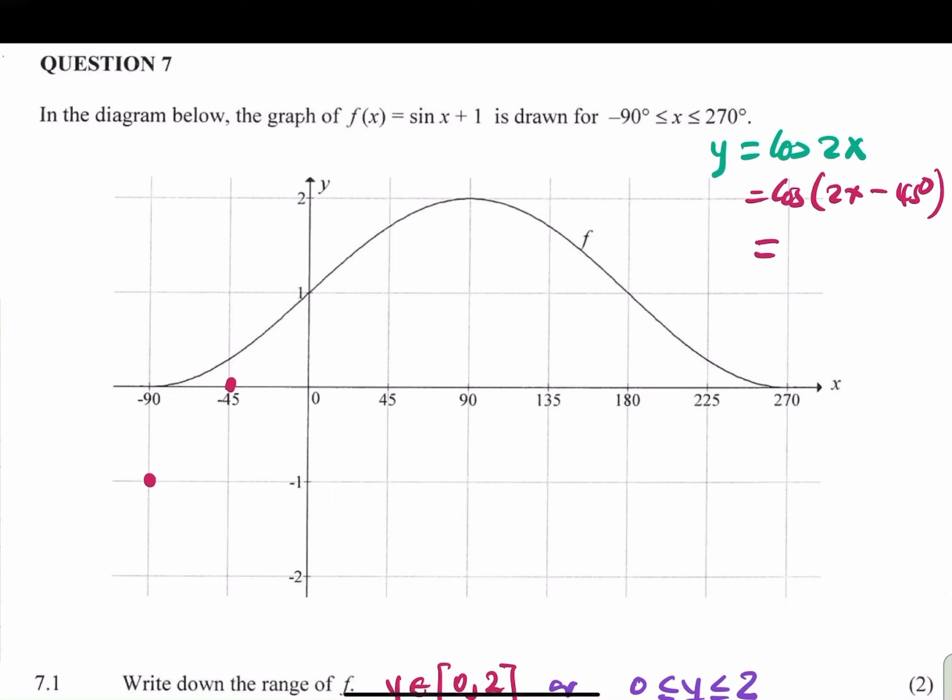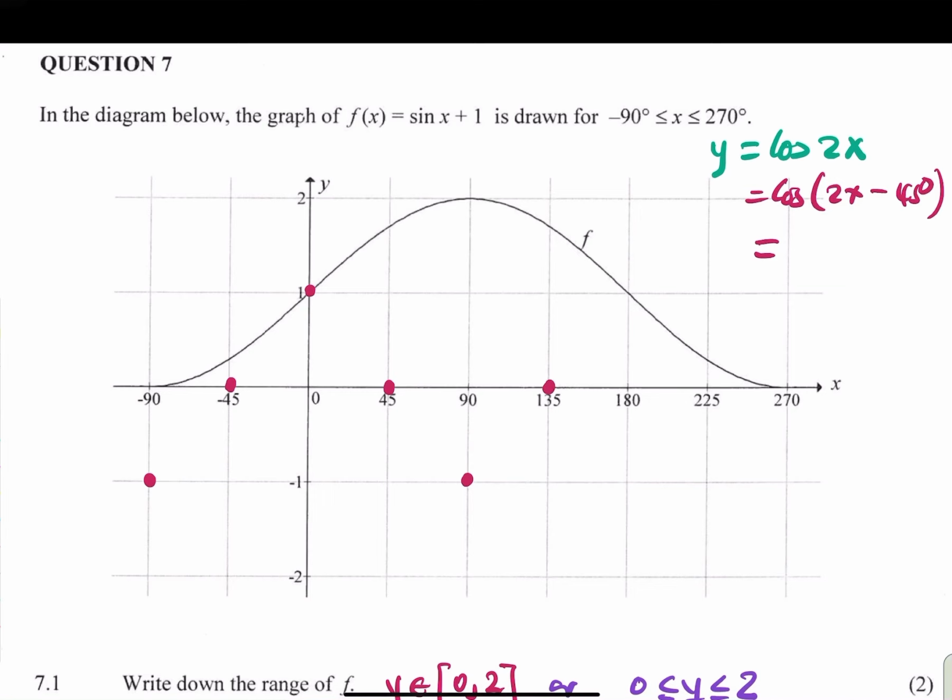And then when x is 0, I'm getting a 1. So there we go. We get a 1 there. And then for 45, it's going to be 0. Then for 90, it's going to be negative 1. And 135, so it's cos of 2 times 135. You get a 0 there.